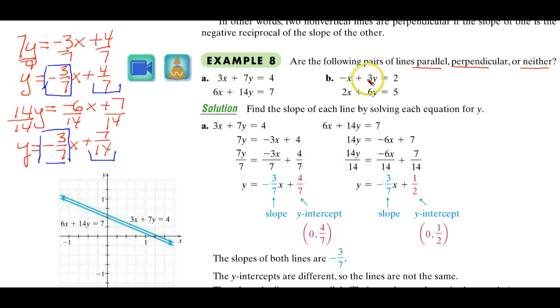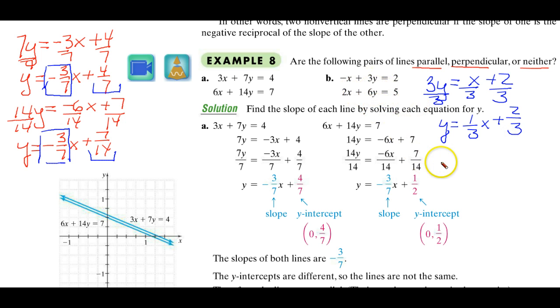Now here we want to again solve for the letter y. So let's just do it here. 3y equals, I'm going to transpose this, becomes a positive x plus 2. Now divide everything by 3. And I get y equals 1/3 x plus 2/3.